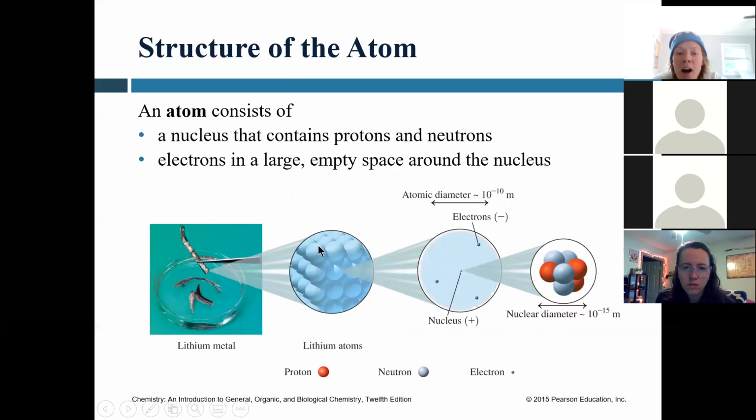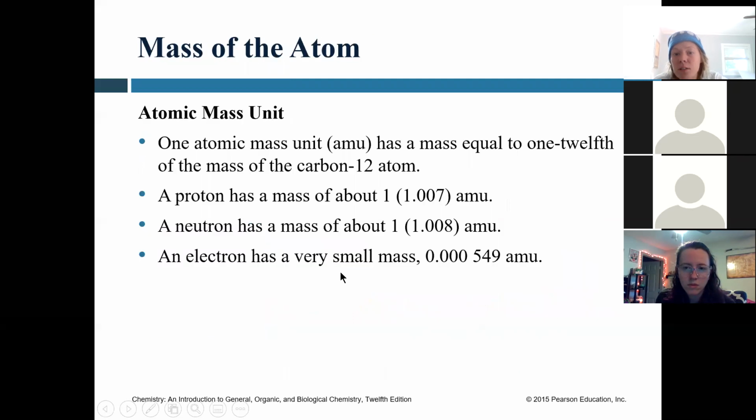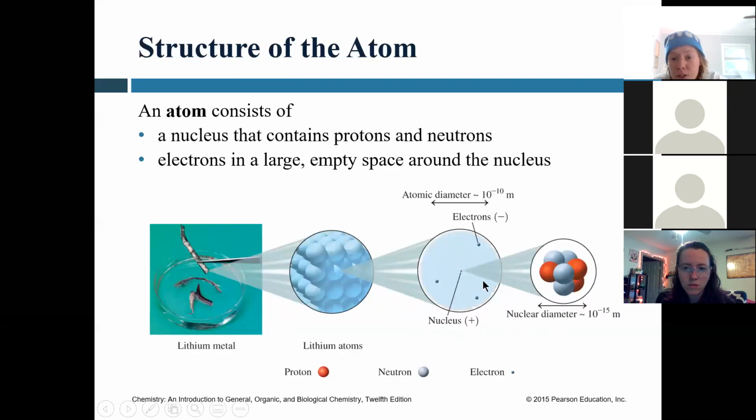So here we have what Dalton thought was this sort of indestructible ball. Well, now we can break up these indestructible balls into a nucleus right in the center, and in that nucleus are our protons and our neutrons. And then it's mostly empty space and some really teeny tiny electrons floating around it. So most of this atom is actually a vacuum, or empty space.